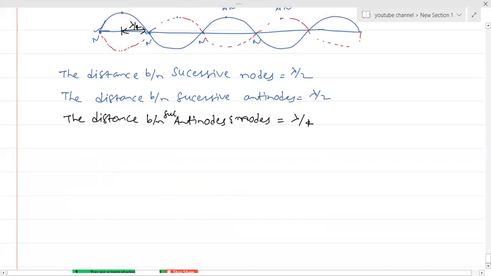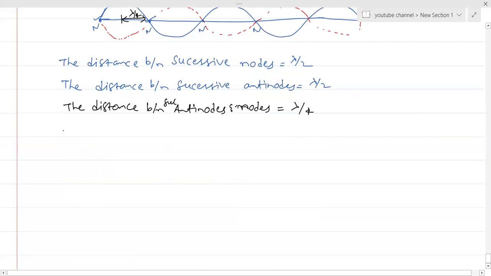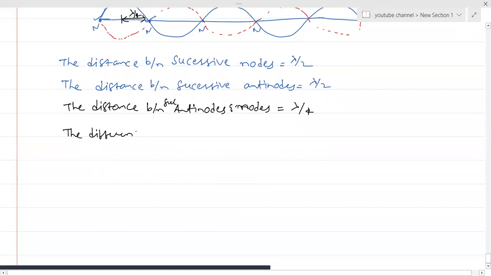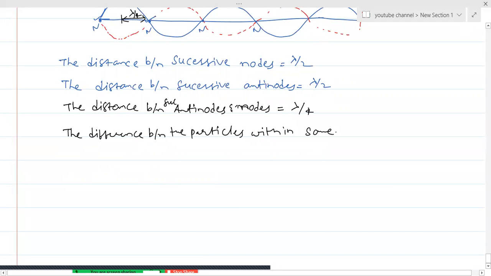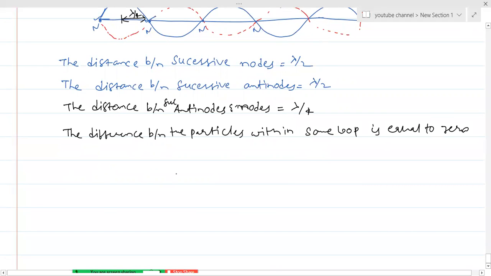And the most important thing is the phase difference. The phase difference between the particles within the same loop is equal to 0.